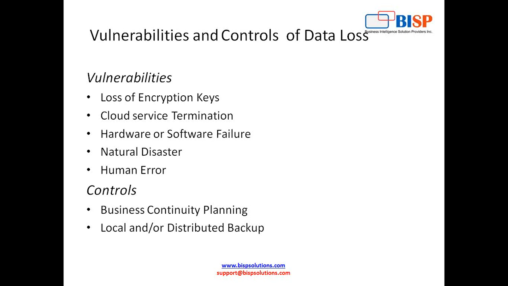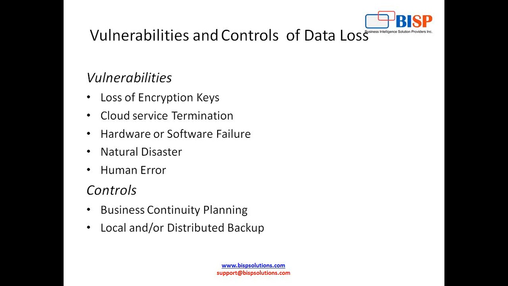So what are the control measures? The control measures are nothing but business continuity planning. This applies to cases where the provider terminates the cloud service one fine day. So the BCP should be validated by the small and the medium level companies, to confirm that the cloud service would be there for a certain period of time.